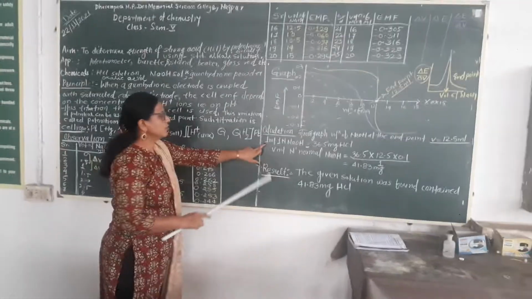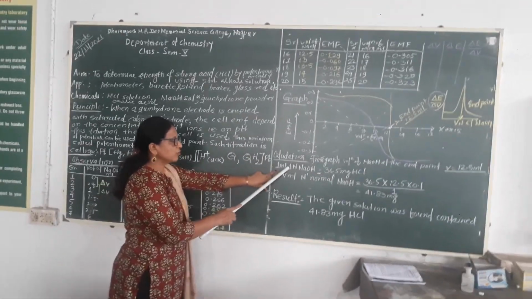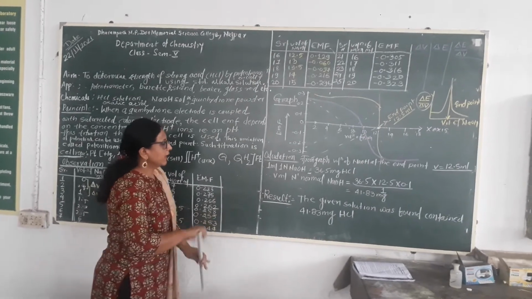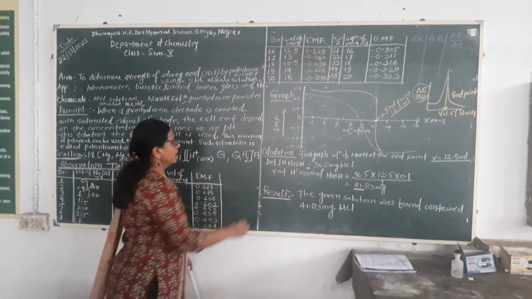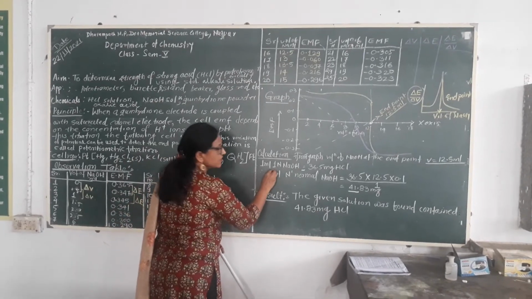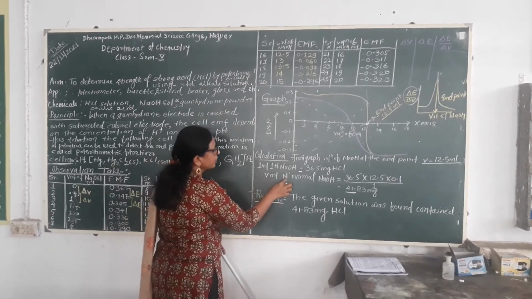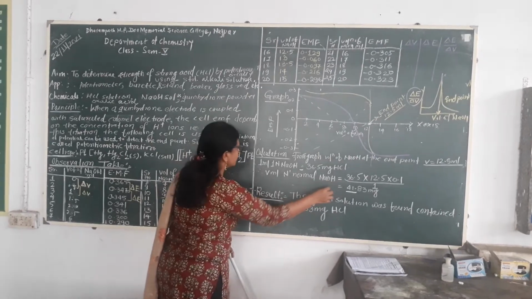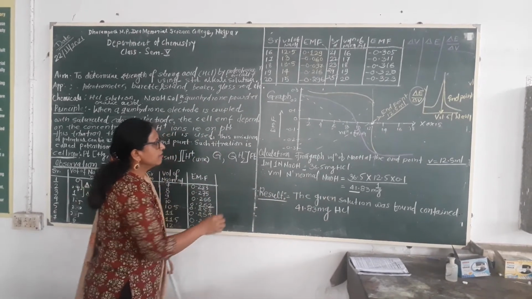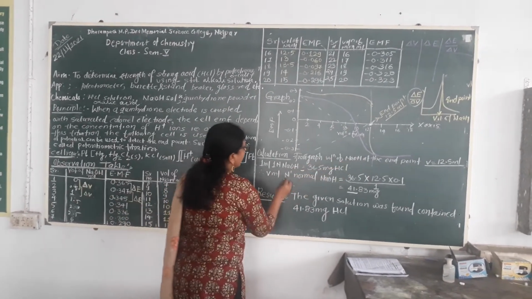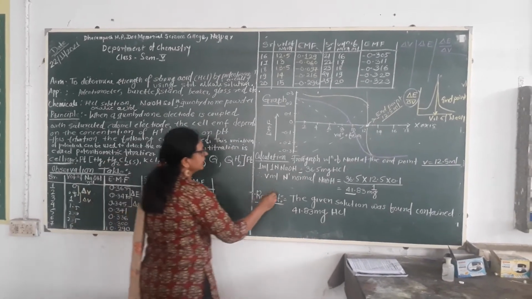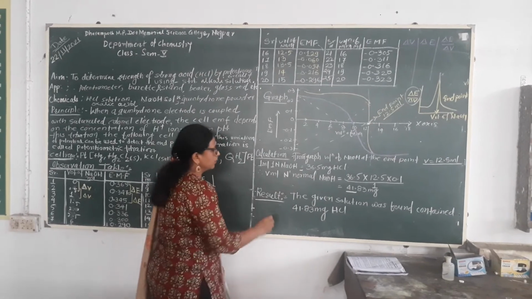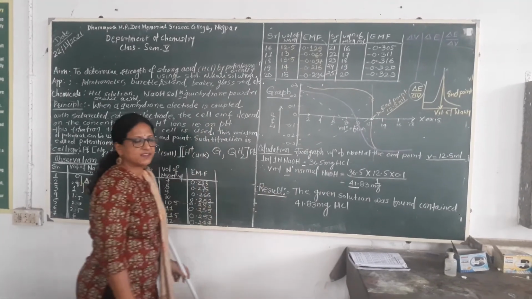By using this standard solution we can calculate the concentration of HCl here. Here V ml, where V means endpoint, of N normal NaOH contains how much? Putting the value of V, which is 12.5 here, and N is the normality of NaOH, which is 0.1, from the standardization of NaOH.